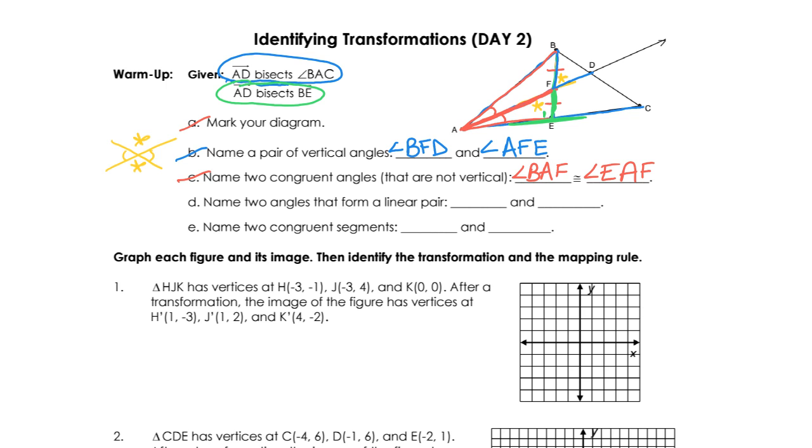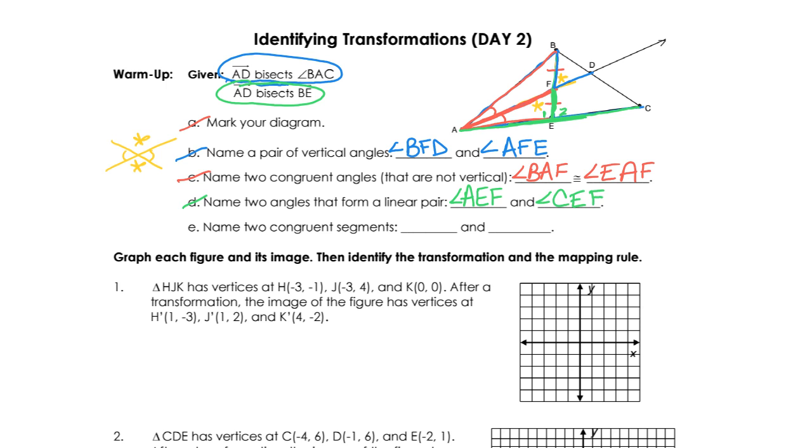There's one angle on one side, one angle on the other side. Angle 1, I'm going to call angle AEF, and the angle 2 on the other side, I'm going to call angle CEF. Okay, part D done.